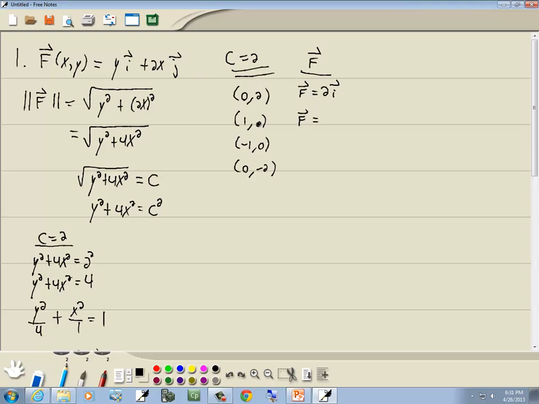Now for this one, if I plug that in for x and that in for y, the y would drop away. 1 in for x, I get 2j. And if I plug in negative 1 and 0, this drops away, and we got 2 times negative 1, which is negative 2, so that's negative 2j. And plug this in for x and this in for y, and we're going to get negative 2i.